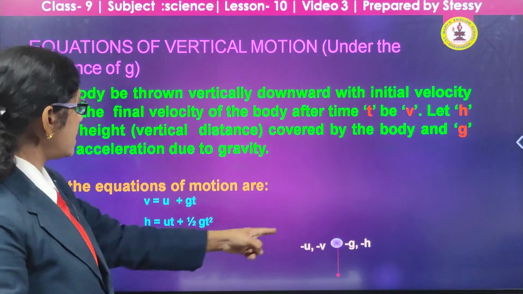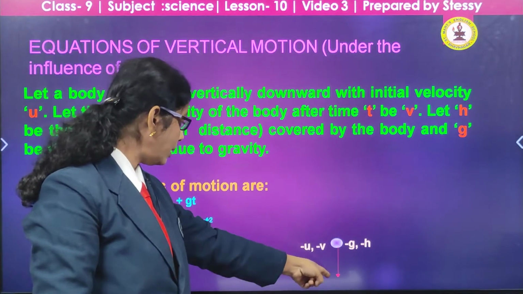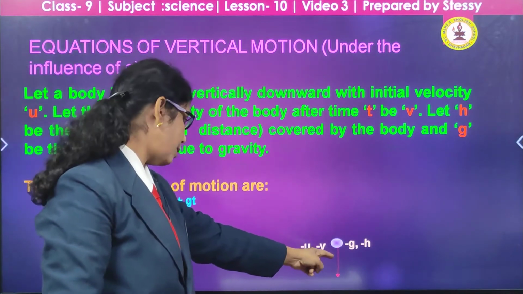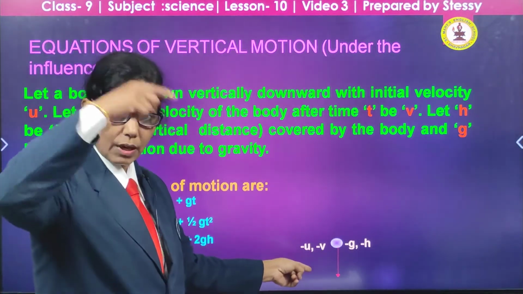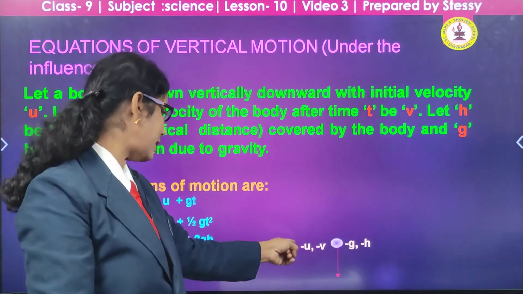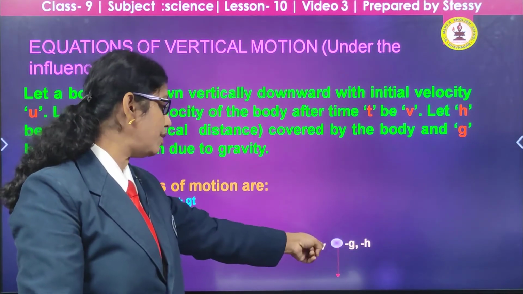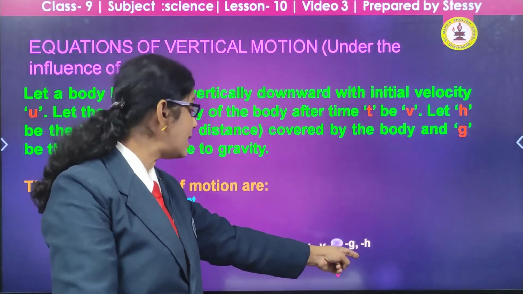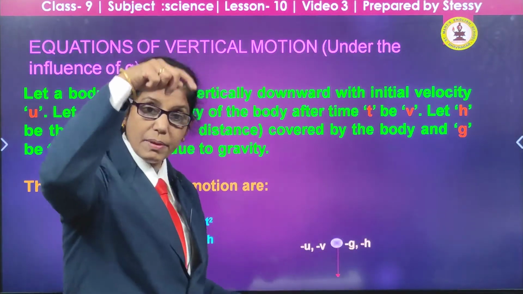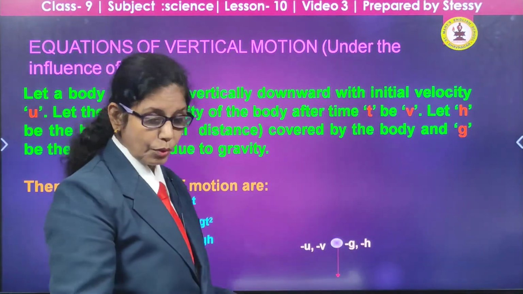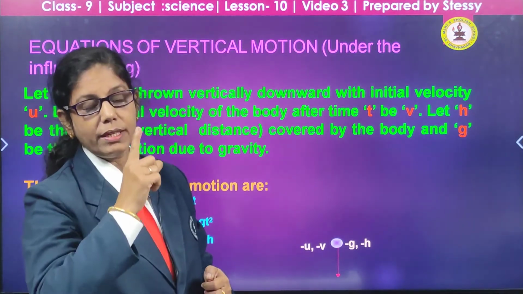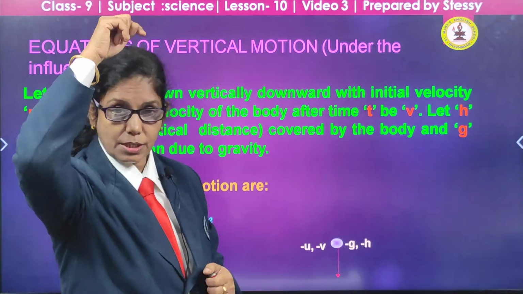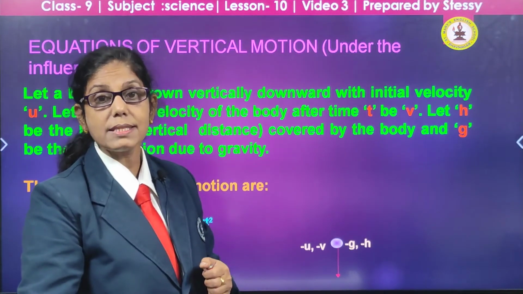So here, a body is thrown vertically downwards. So u, the initial velocity, direction is changing, downward direction. So u becomes minus u, v becomes minus v, acceleration will be minus g and height will be minus h, because you know that when we studied the y-axis, up is taken as positive and down is taken as negative.